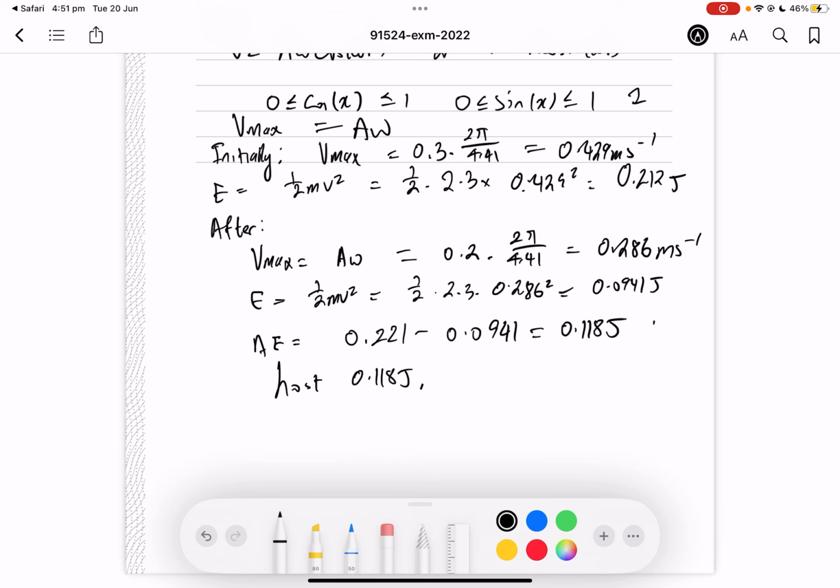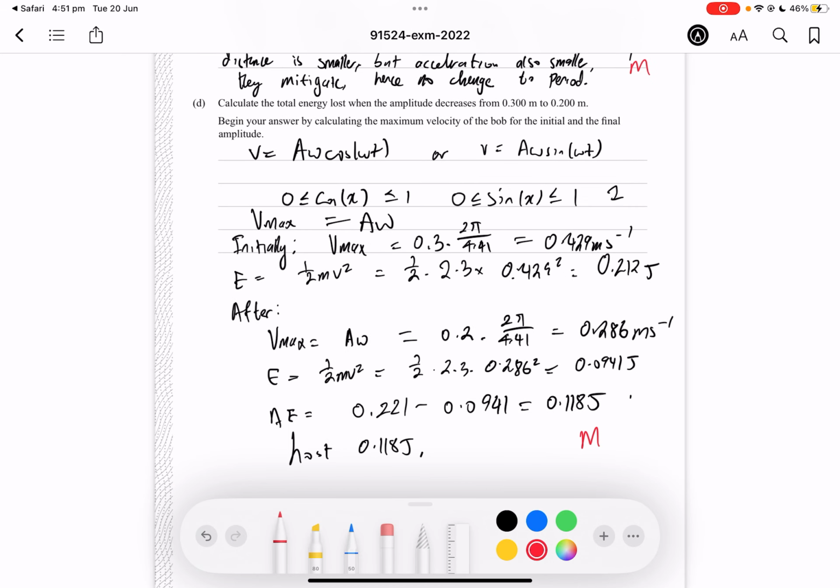That's the answer for this question, and it will be a merit level question if you can get this correct. And to get an achieved, if you can do one correct calculation with v max equals amplitude times angular velocity, so in this step here, that's an achieved.